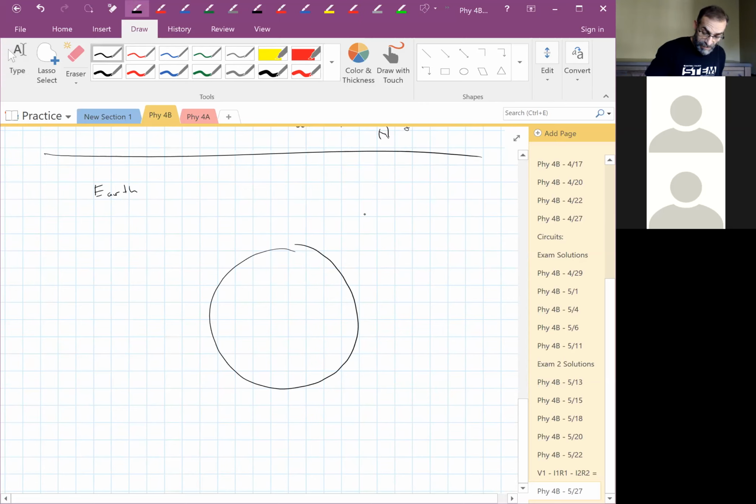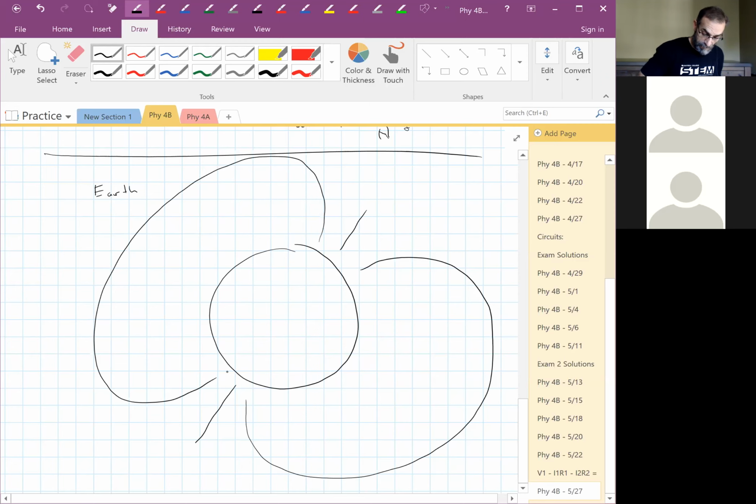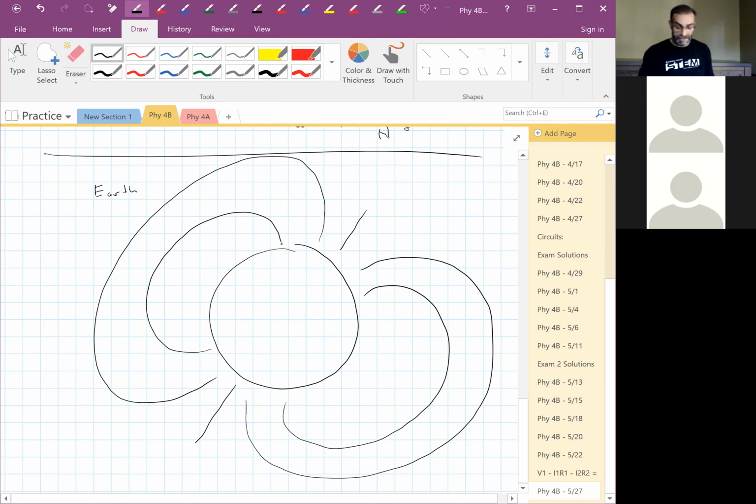We have magnetic field lines that fill the space around the Earth. It's as if the Earth sort of acts as if there's a big bar magnet inside there, right?